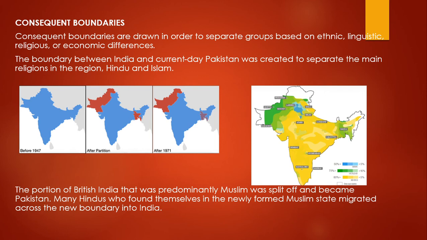So Pakistan is a solid Islamic state. Many Hindus who found themselves in the newly formed Muslim state migrated across a new boundary into India. So that's why Pakistan is a solid Muslim state and India is a solid Hindu state.